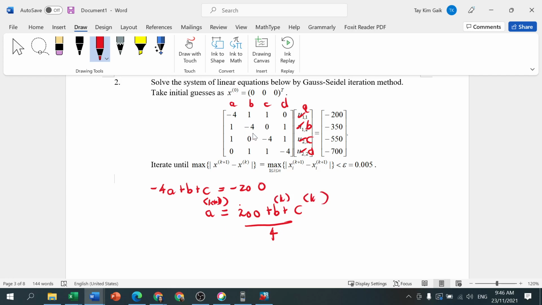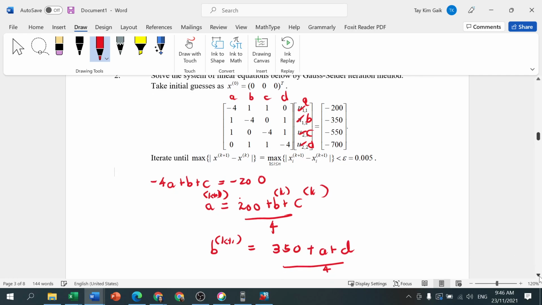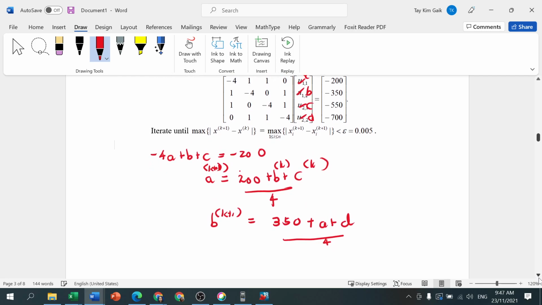Similarly, from the second equation, solving for B at K plus 1 will be 350 plus A plus D divided by 4.